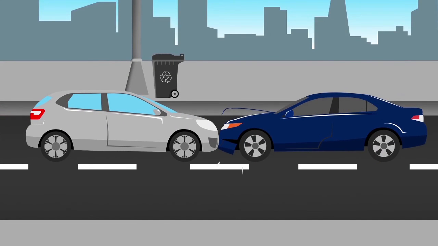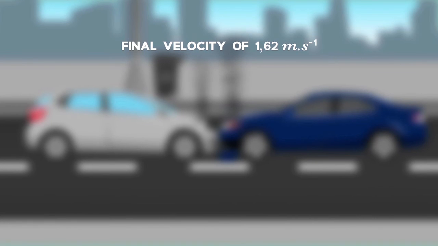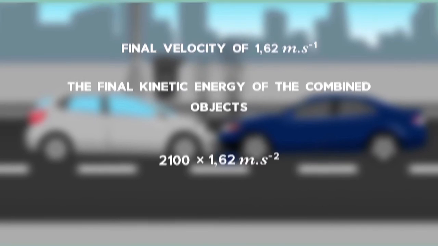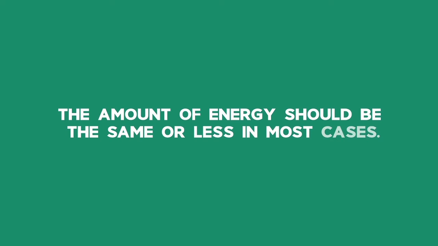When they collide, they remain stuck to one another at a final velocity of positive 1.62 meters per second. Finding the final kinetic energy of the combined objects, we use both masses multiplied by 1.62 meters per second squared. The amount of energy should be the same or less in most cases.